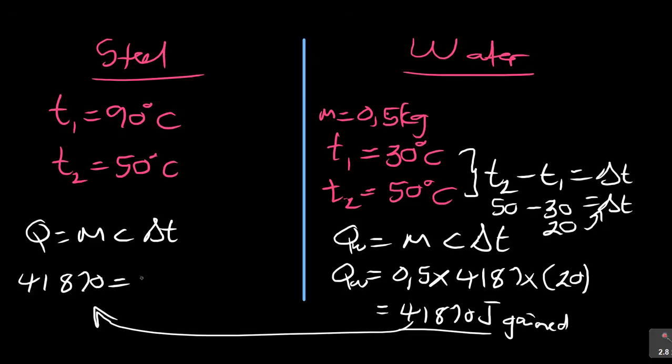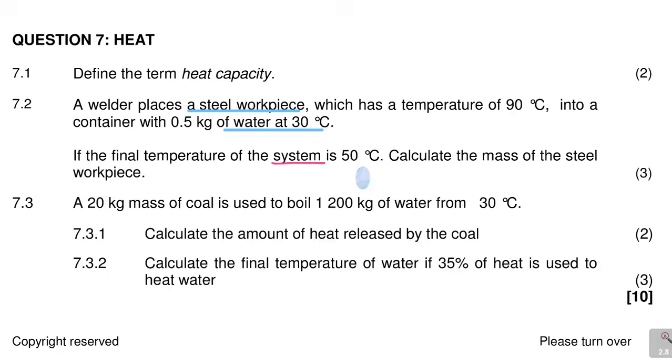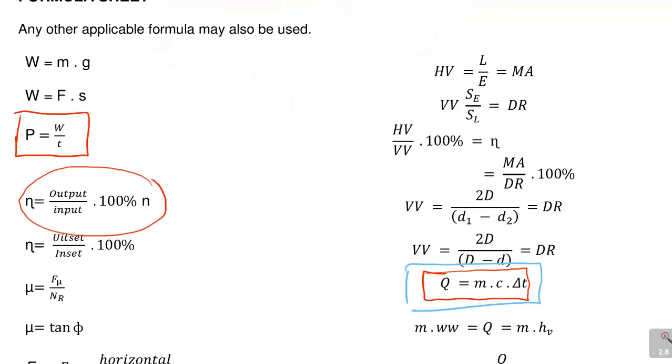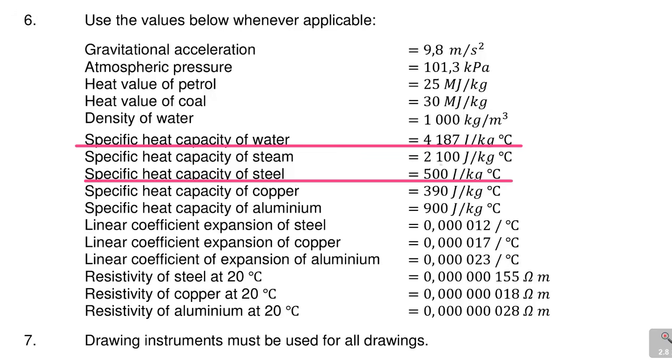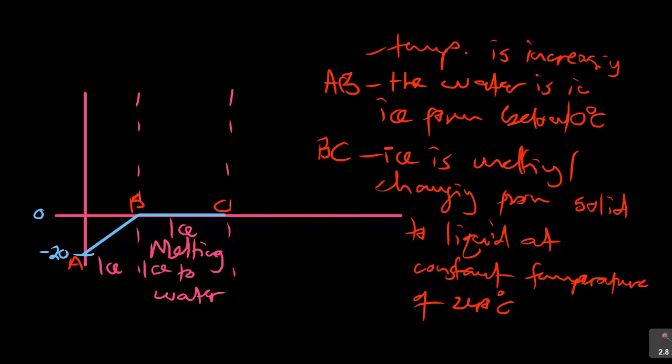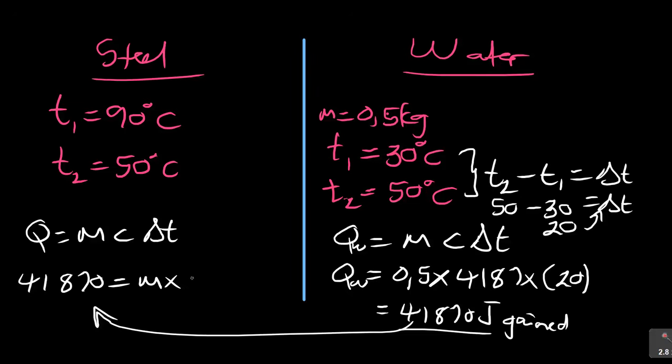So you take that 41870 is equal to the m, which we don't know, times the specific heat capacity of steel. I think that's what we underlined here, which is 500. We got it in the previous question, so times 500 times the change in T. Here it's T2 minus T1, which is 90 minus 50.